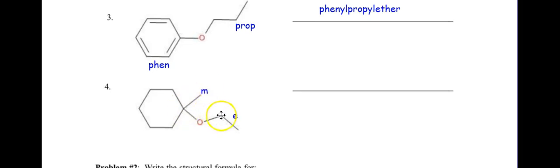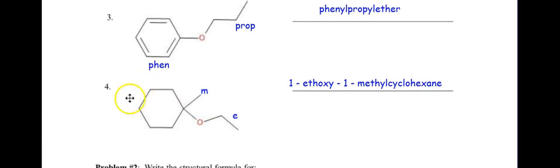I have a methyl group and I have an ethoxy group. Well, which one comes first alphabetically? M or E? E does. All right, and they're both on the same carbon, so I have to let them know that. So it becomes 1-ethoxy-1-methylcyclohexane. Okay. All right, see the hexagons? I'm still using them, aren't I? Lots and lots of hexagons.